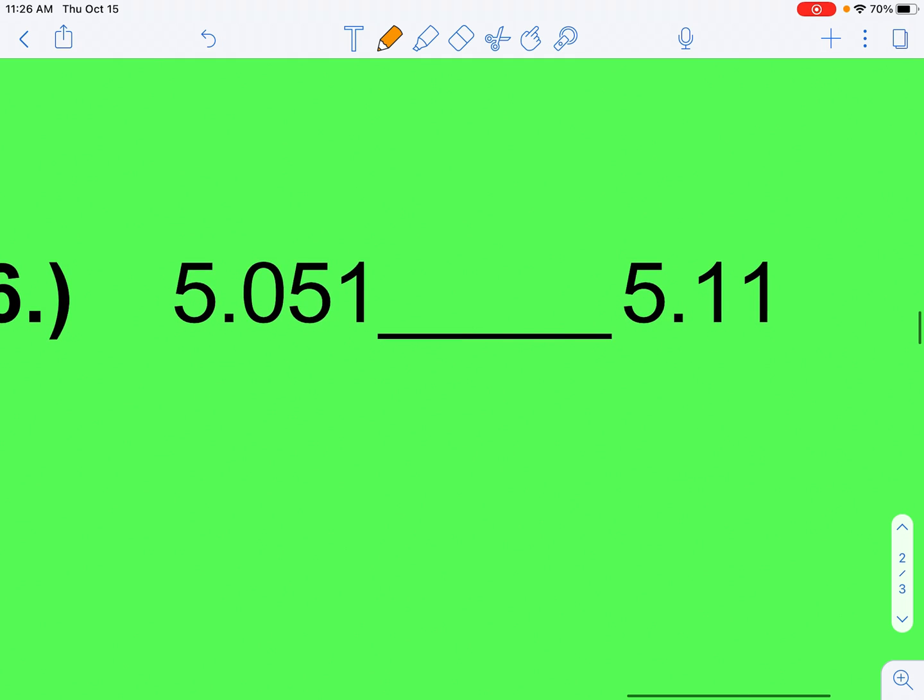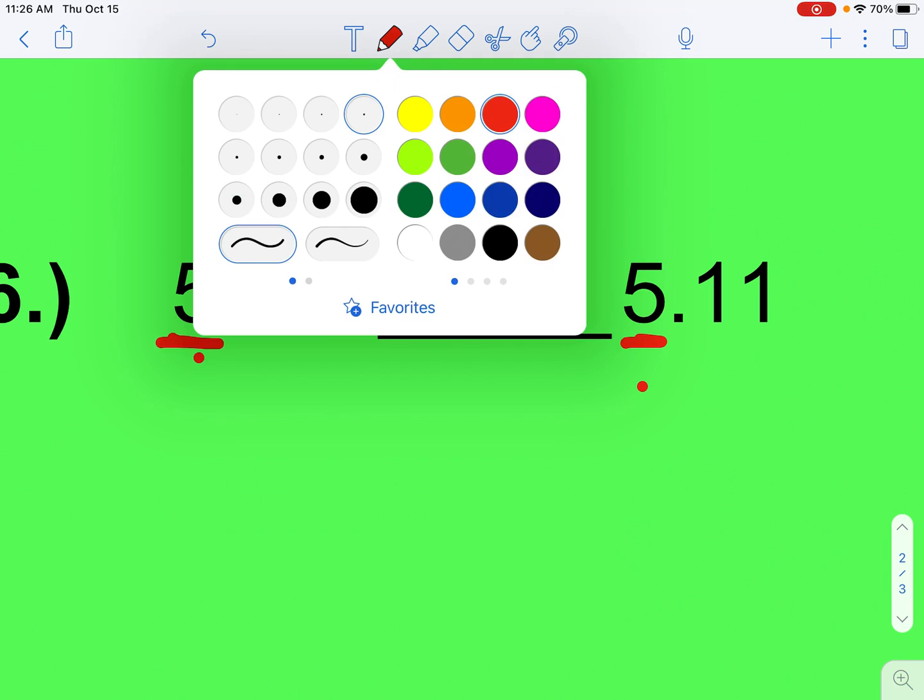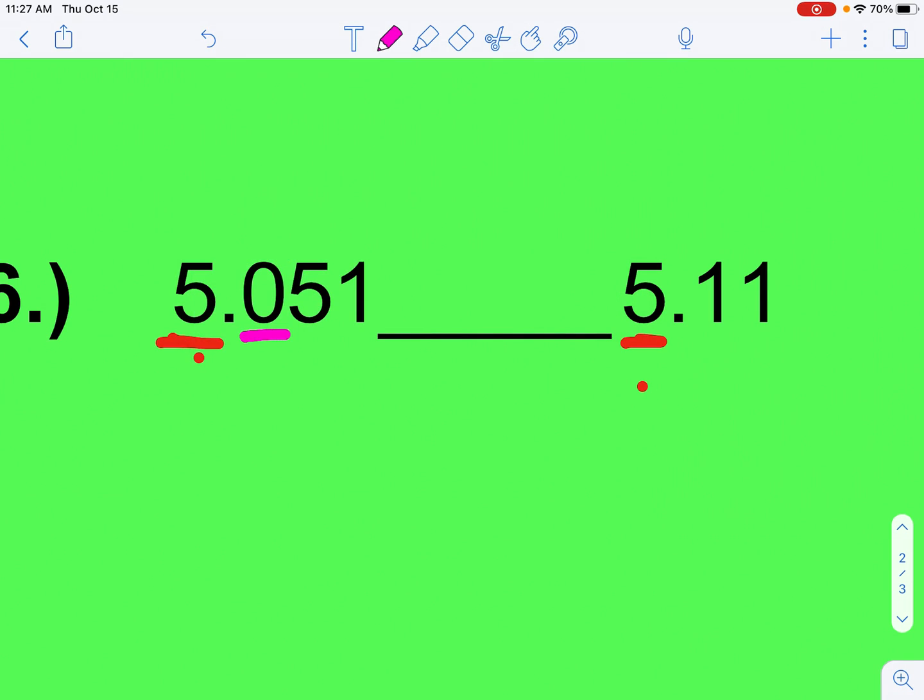Okay, let's look at our last one. I have 5 51 thousandths, and over here I have 5 11 hundredths. Again, I start with my first number. My first number is a 5. My next number, I have a 0 and I have a 1. They're different, so I circle them.